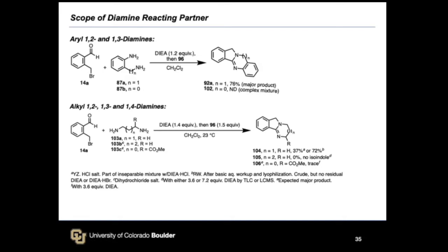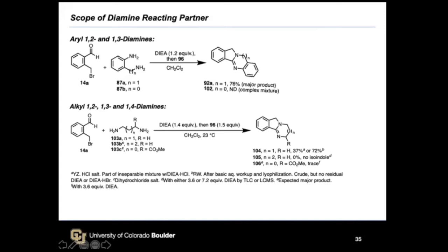It gave a complex mixture, perhaps because of the strained nature of the cyclization product, the decreased nucleophilicity of the aniline, and also the fact that the isoindole formed incompletely.